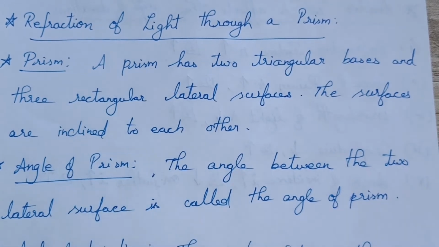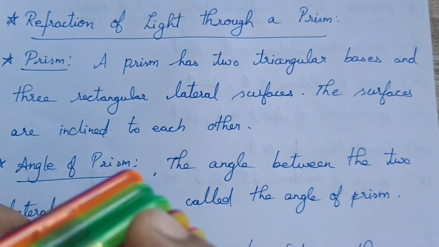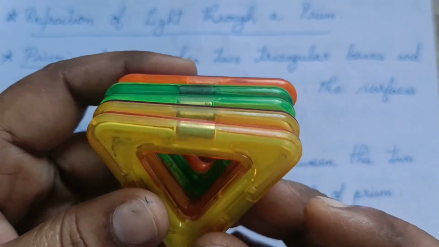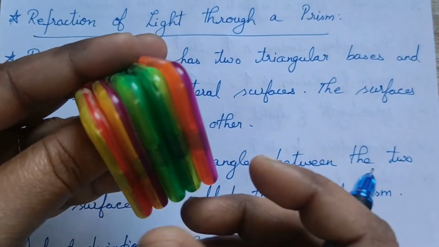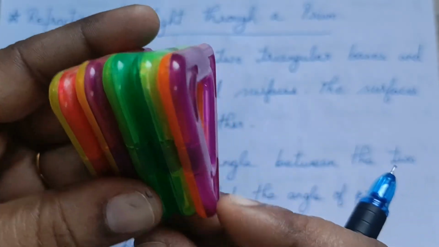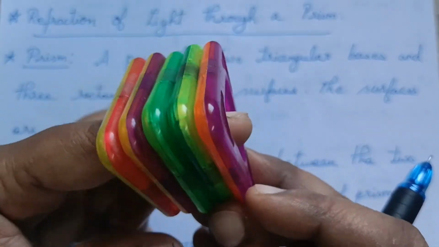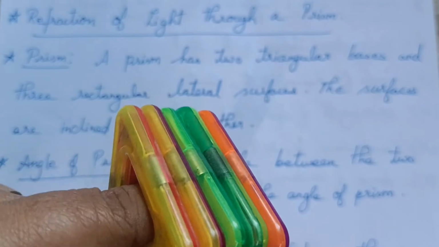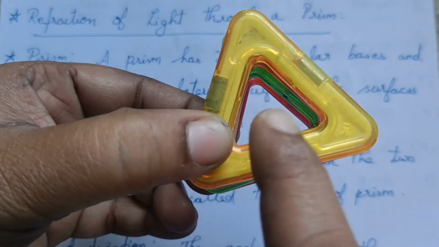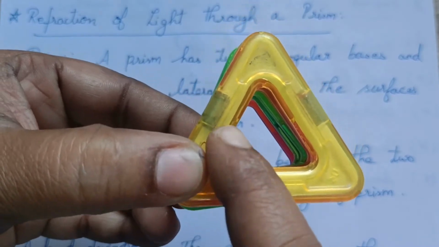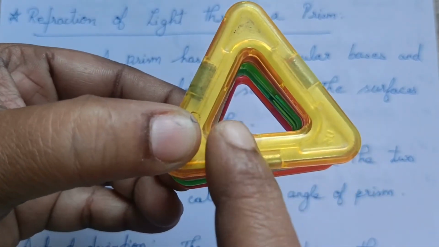Okay, first we will see what is the shape of the prism. Imagine that this is a prism. I have taken a triangular prism. So this is your triangular base, top and the base.